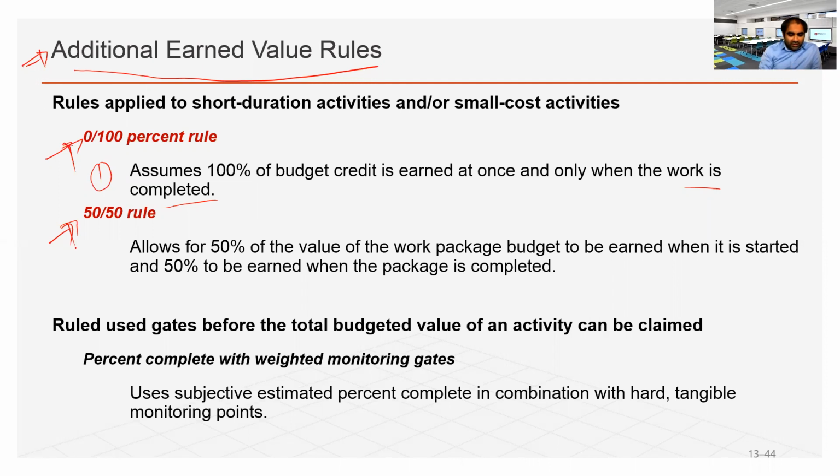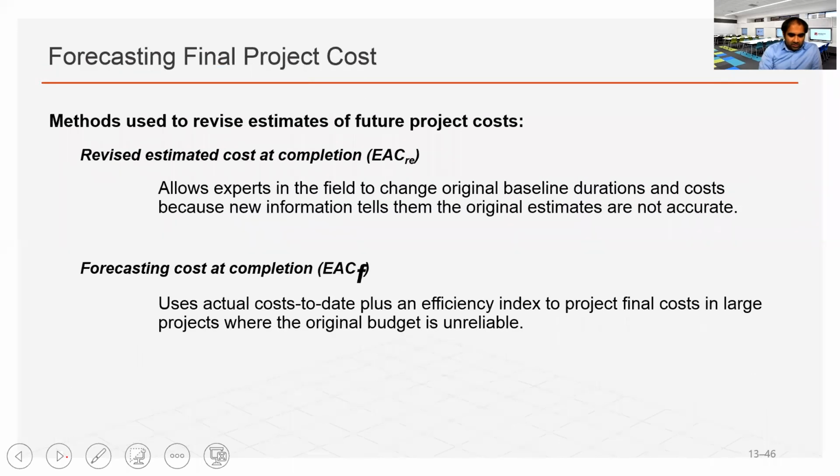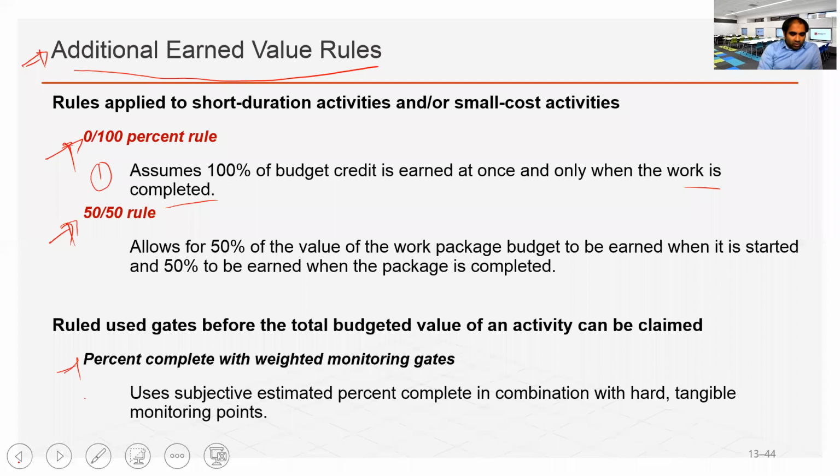Percent complete with weighted monitoring gates. What is this? So what percent of the project is completed? How do you precisely calculate what percent of work is being done? There are usually some monitoring gates as we go along the timeline, or we divide the set of activities.